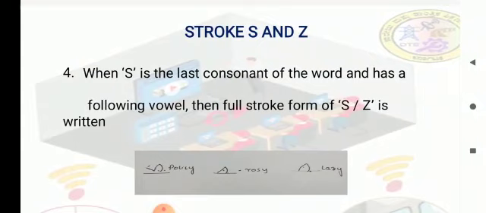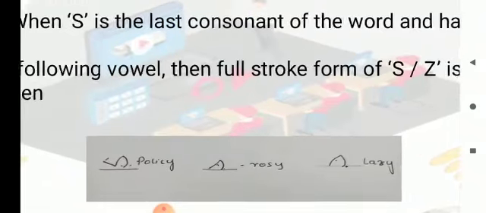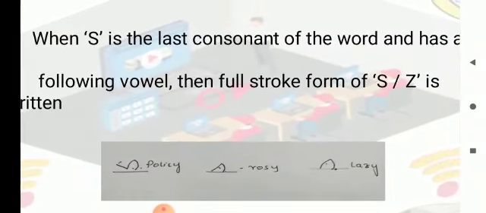See the example here, "policy". This word consists of P, L and then stroke S and the following vowel, E, the last vowel. So you have to write the full outline.